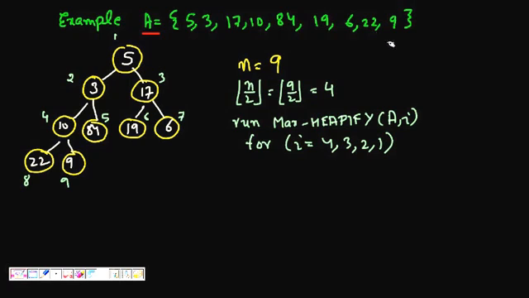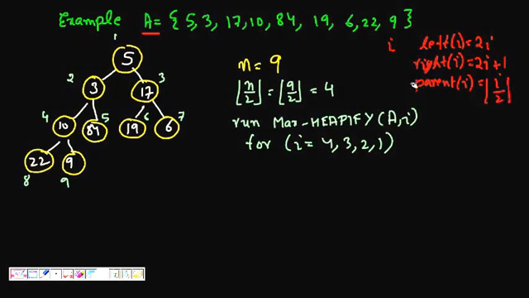In a heap, for a node with index i, its left child index will be 2i and right child index will be 2i plus 1, and the parent of i is i by 2 floor. So these are the properties. If you want to refer to these, you can see the previous lecture of heap and heap sort.